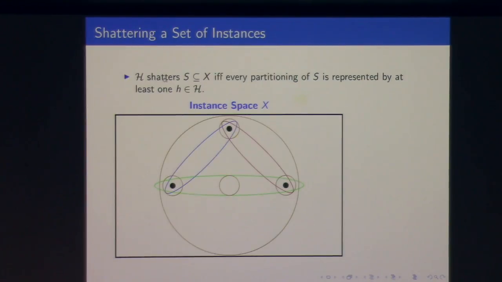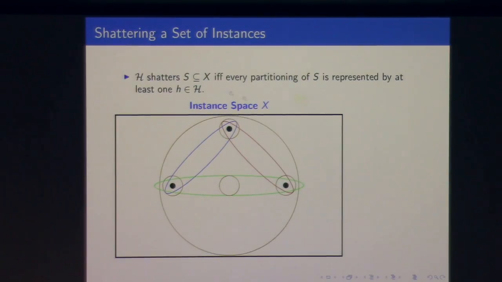So if I can draw my hypothesis like these, for example, these are all the possible ways I can color it. I can call nothing positive, I can call everything positive, I can call two of these, or one of these each. These are all the possible ways I can partition it.